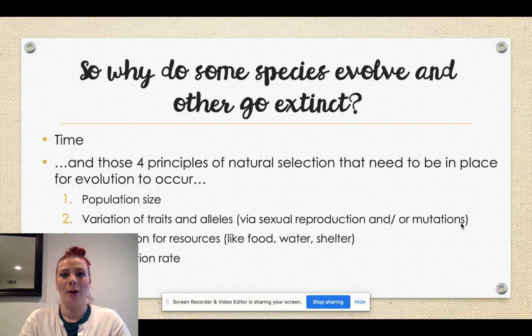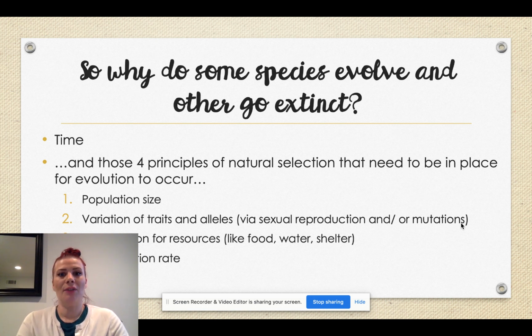Again, going to that second part, we need those variations of traits and those alleles. And there has to be some sort of competition for resources like food, water, shelter, those types of things. The reproduction rate is also going to play a big piece because if we have only, let's say, 3 of a certain type of animal, they're not going to be able to reproduce as much as if we had 3,000 animals, right? So it's kind of looking at those things.